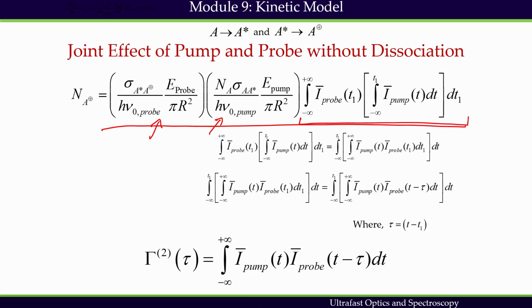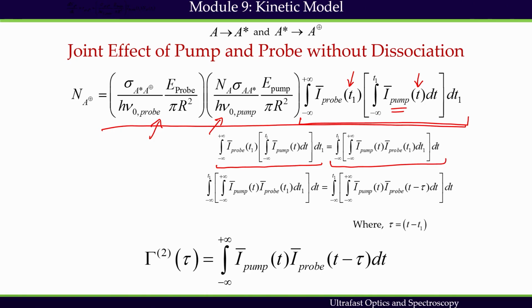And if we would be able to rearrange this integration, because the variables which we have used, remember pump pulse had a variable T, and the probe pulse had a variable T1, and they are related, but we can rewrite this integration as like this, as t1 and t are two independent variables.